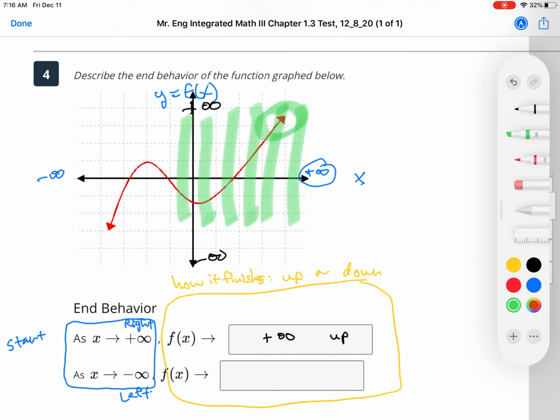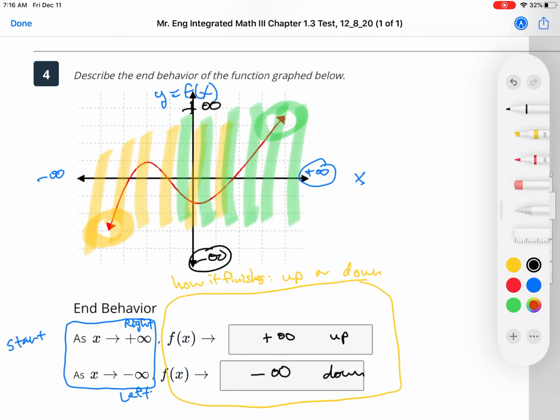Okay, as I go towards the left, where is the arrow? The arrow is pointing down. How do you say down? That would be negative infinity.